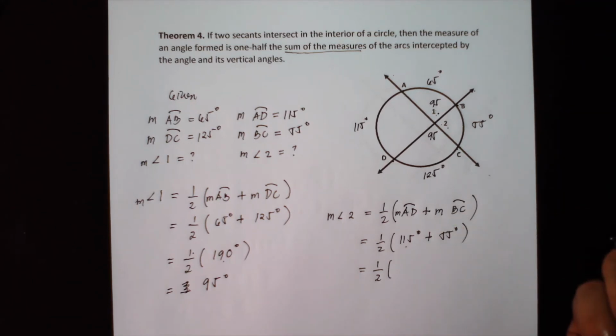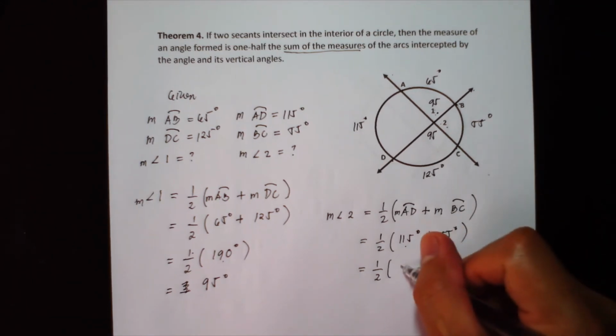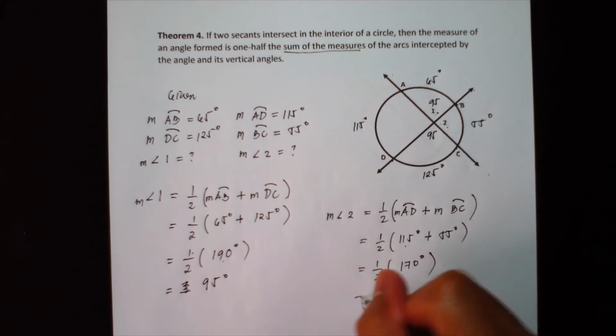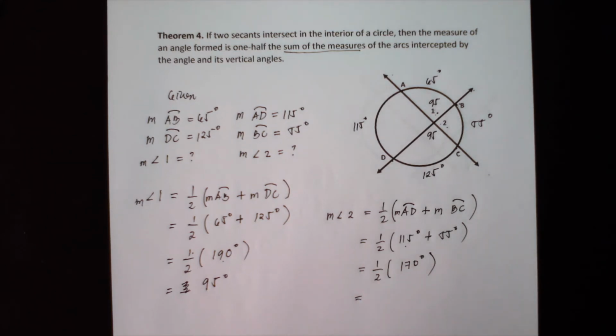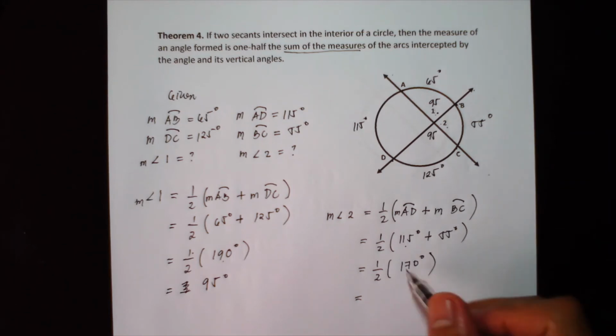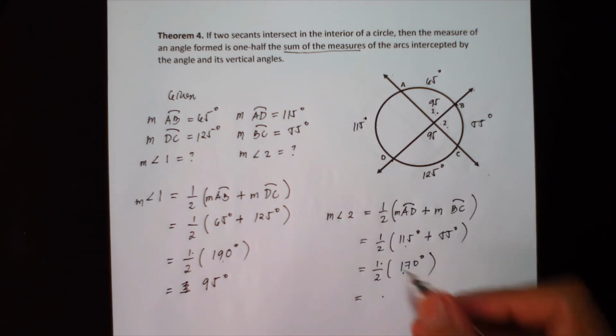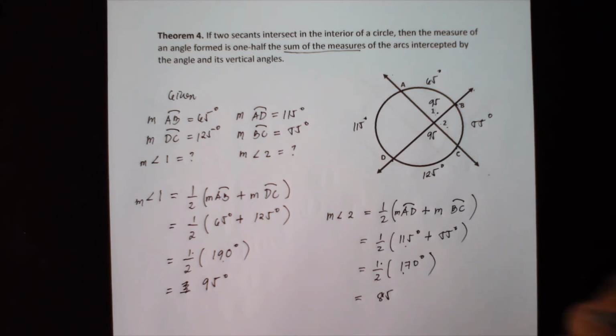115 plus 55 is 170 degrees. Then let us multiply 170 by 1/2. So 170 multiplied by 1 divided by 2 is 85. That is the measurement of angle 2.